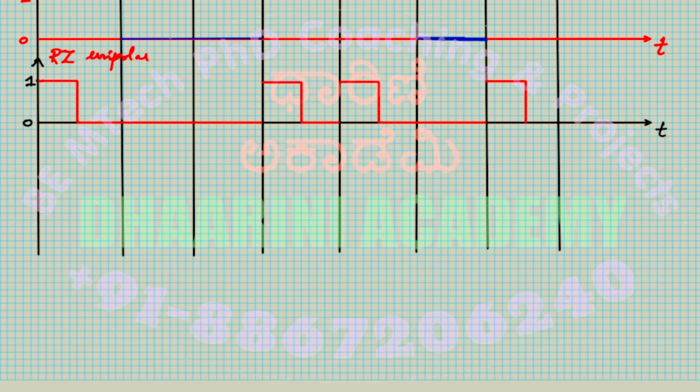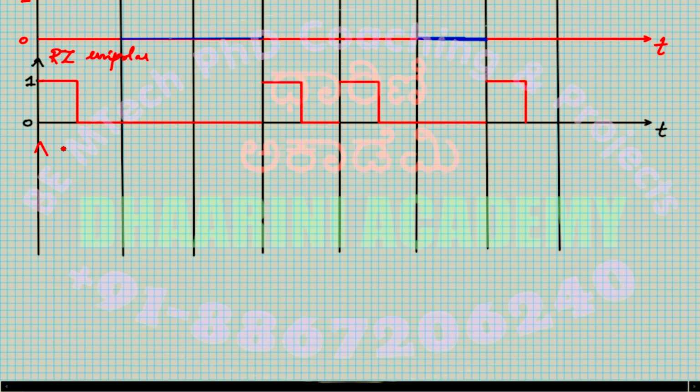Right. Now, the next one that we are going to plot is a pulse shaping technique which is called return to zero, RZ, and this is polar. Okay, this is RZ polar.